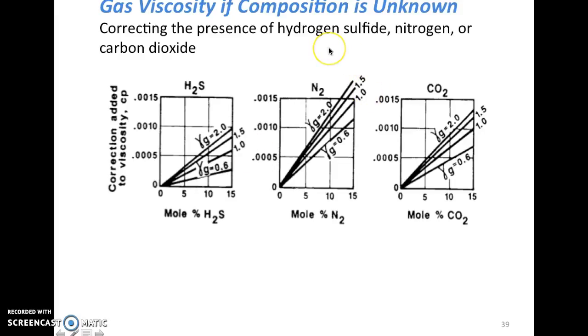Again, if you remember from the previous chapter, if we had non-hydrocarbon components like hydrogen sulfide or nitrogen or carbon dioxide, we had to correct the Z factor.